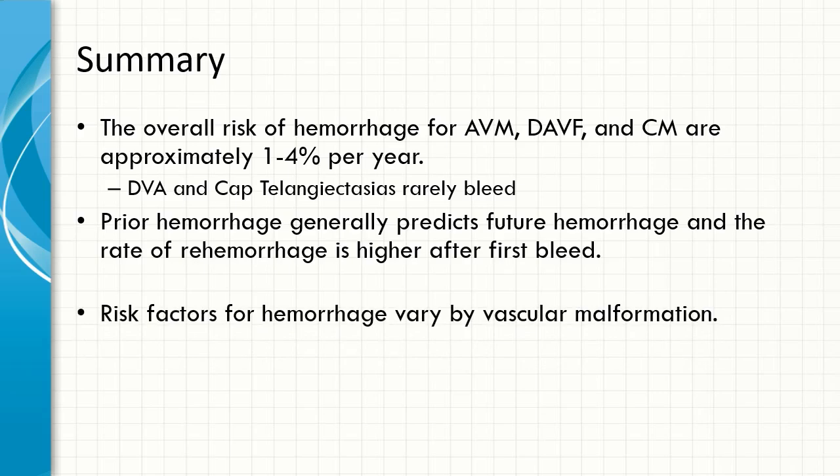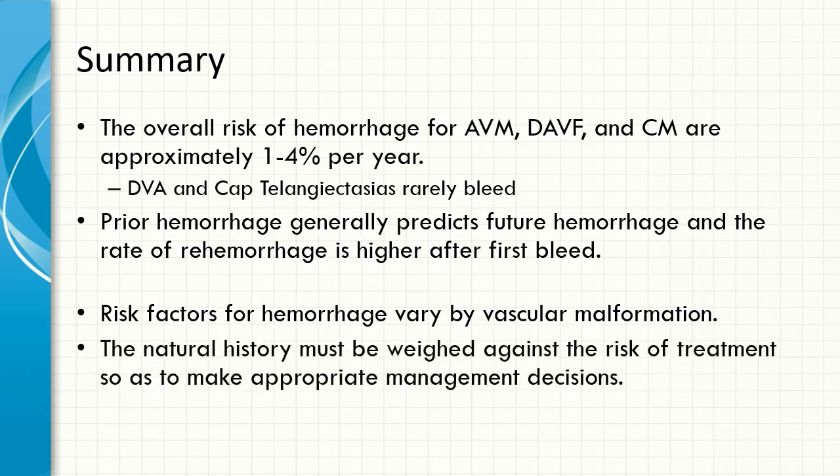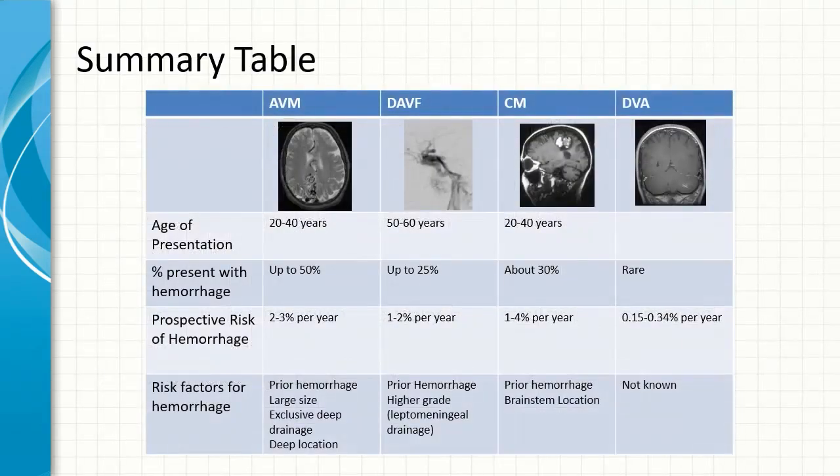Risk factors for hemorrhage vary by vascular malformation. The natural history is useful in that it must be weighed against the risk of treatment so as to make appropriate management decisions. I have included this slide, which summarizes the prior slides and the text.